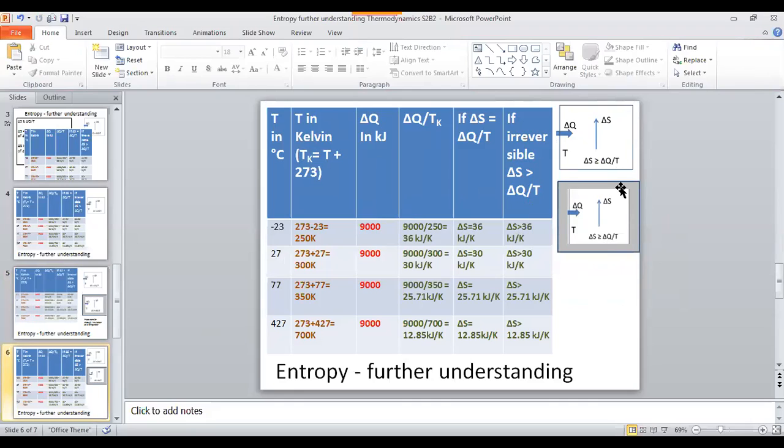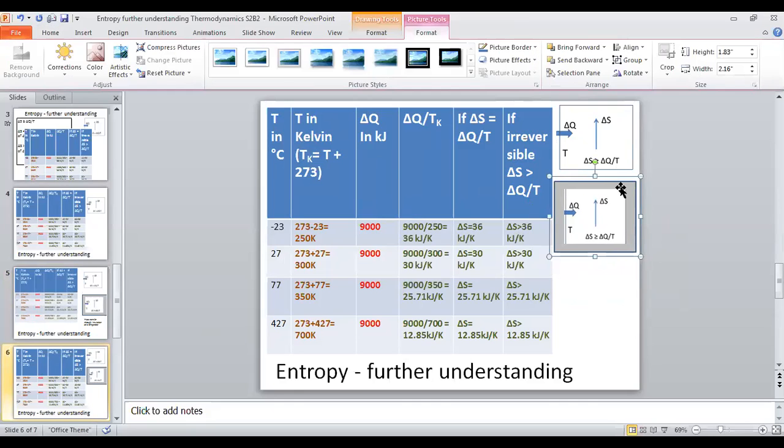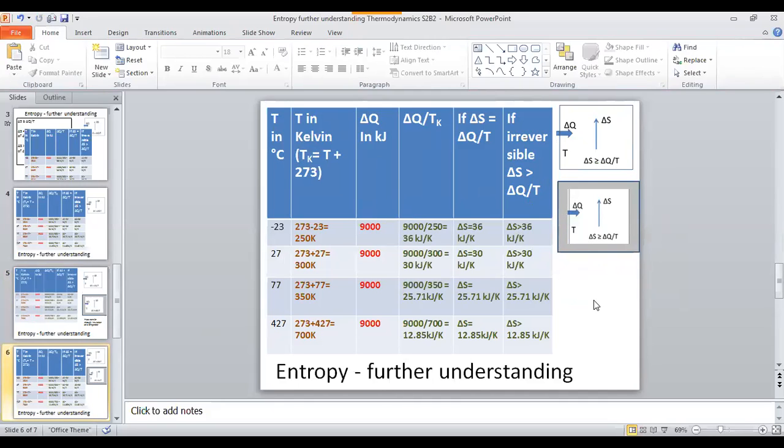Let's say you are controlling the refrigerator temperature. And your ambient temperature may be the same.